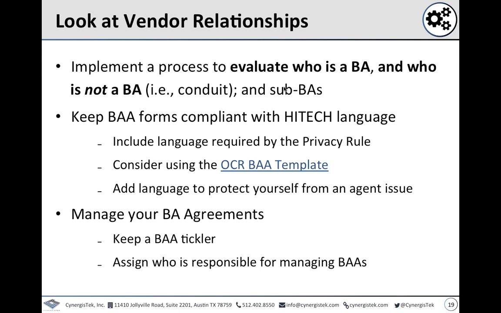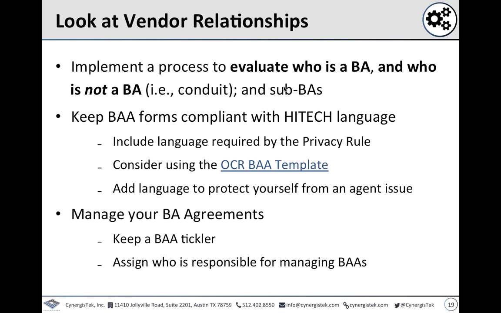And we've provided a link here to the BAA template on the OCR website. And what's also important is to evaluate and make sure that you're identifying and capturing all the appropriate relationships with contractors or vendors to make sure that you have a business associate agreement in place every time that you have a relationship in which it is needed.